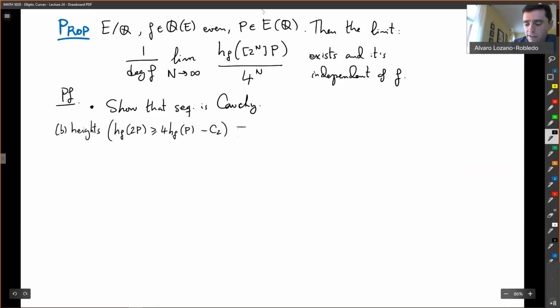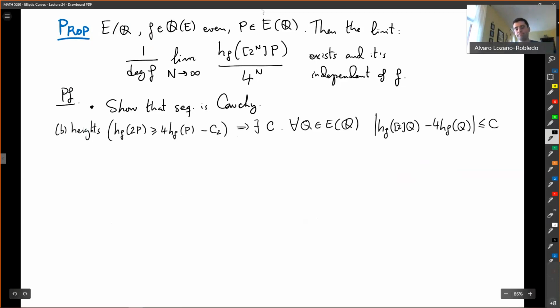This implies that there is a constant such that for all rational points Q, we have that the height of 2Q minus 4 times the height of Q is bounded by C. That C is like the C2 in the properties of heights. So that is universally bounded, the difference between the height of 2Q and 4 times the height of Q.